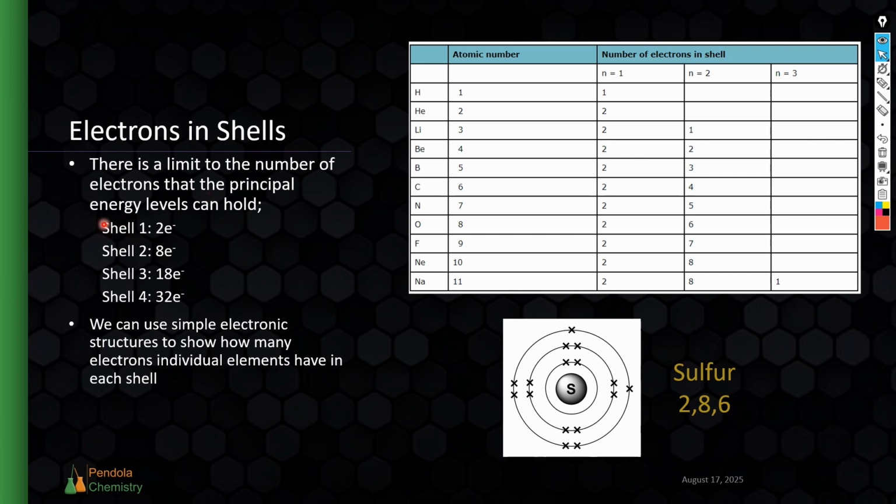Energy level or energy shell number 1, and that is something that you need to start getting used to, the idea of switching back and forth between shell and level. Energy level, energy shell means the same thing.